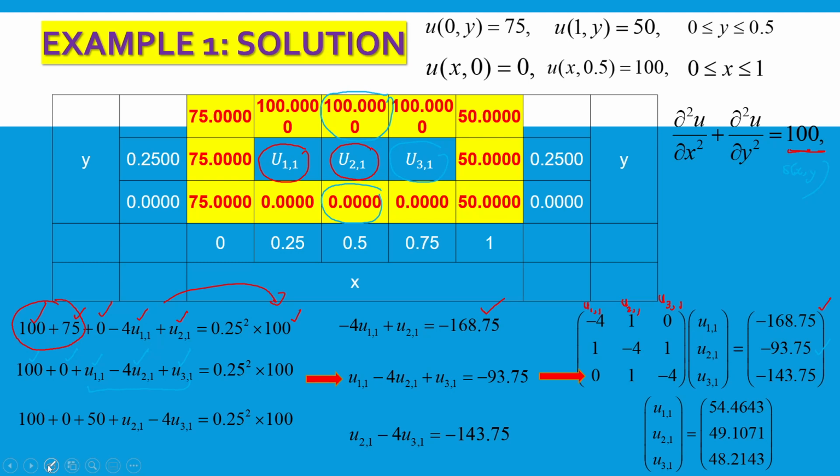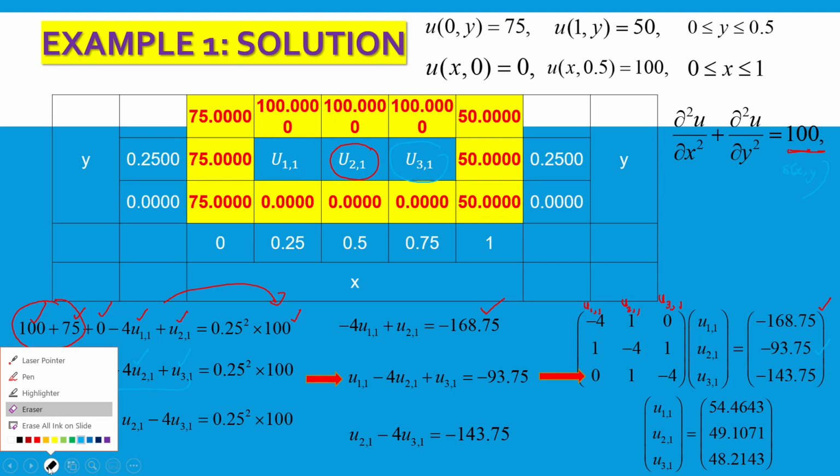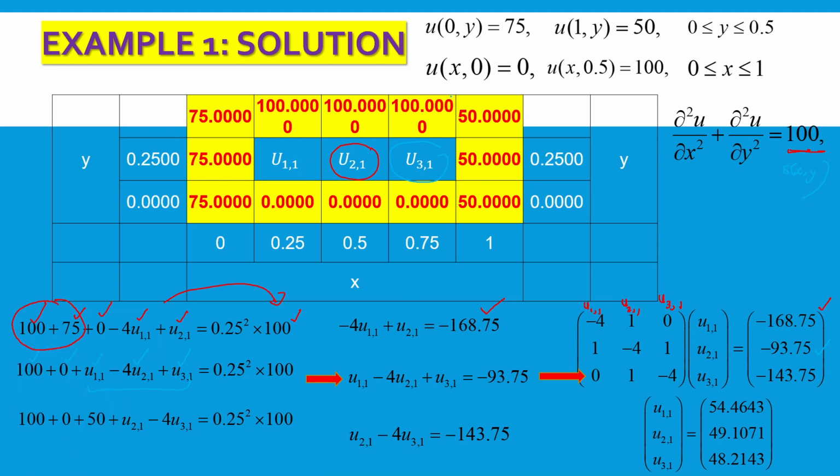After that, to get the third equation, we move this molecule one column to the right. So now center will be at U31. So top, 1 times 100, left, U21 1 times, center minus 4 U31, bottom 1 times 0, right is 50, equal to 0.25 squared times 100.